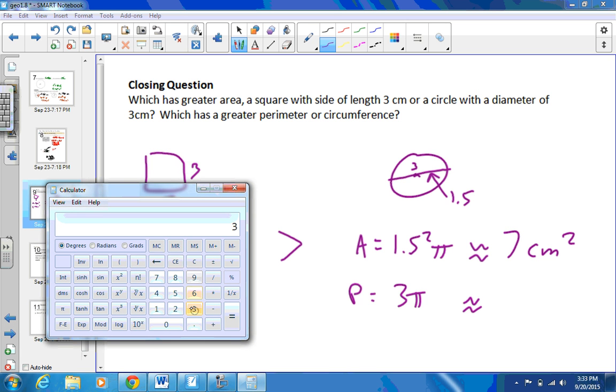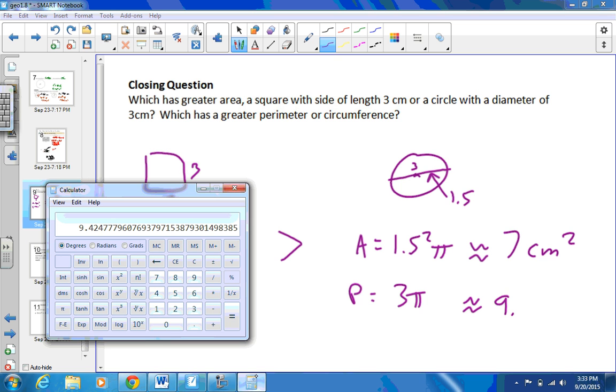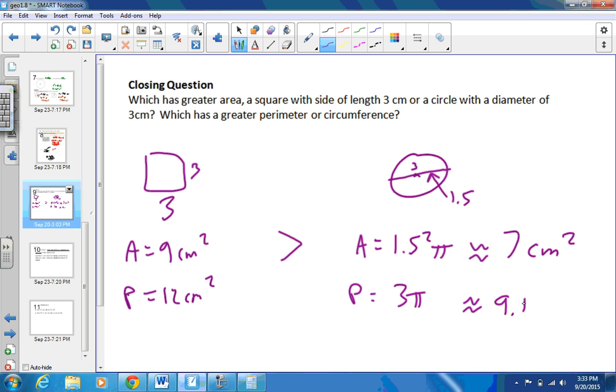It would be 3 pi, or 3 times 3.14, 9.4-ish. Alright, same thing goes here. The square has the greater perimeter. Alright, and this one has actually circumference.